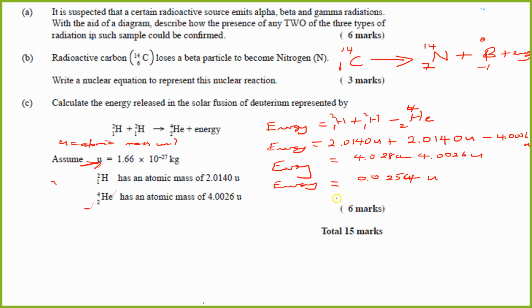Now, we're not finished. 0.0254 U is the mass in terms of the energy. So we're measuring the energy in terms of mass, but we're not completely there as yet. What I need to do now is convert from atomic mass units to kilograms.